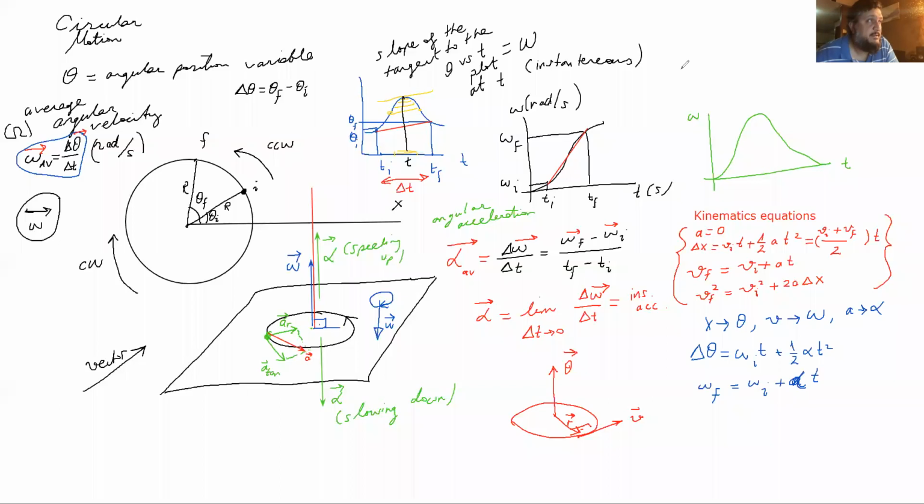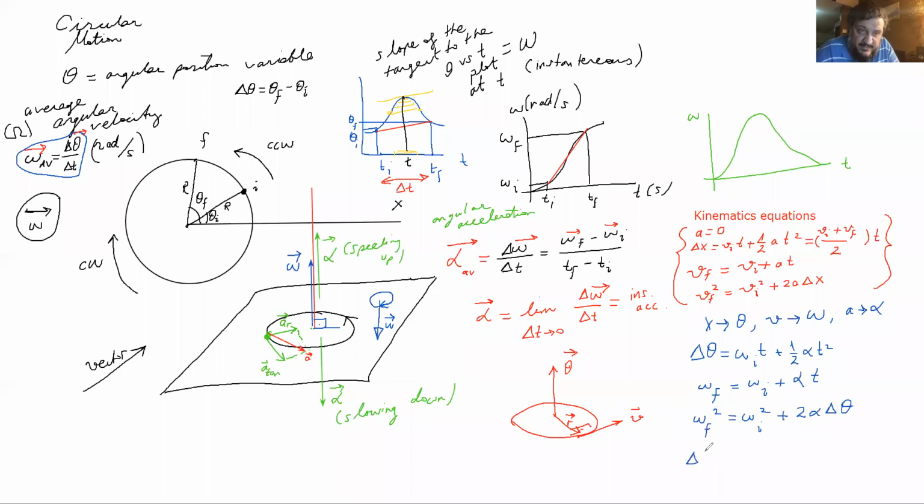Better alpha, yeah. And then finally, omega final squared is equal to omega initial squared plus 2 alpha delta theta. So these are your equations, oh, there's one more.